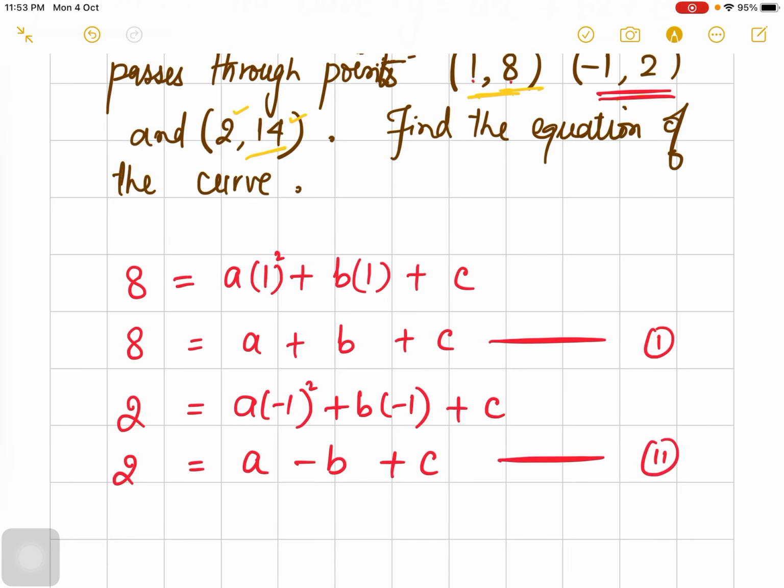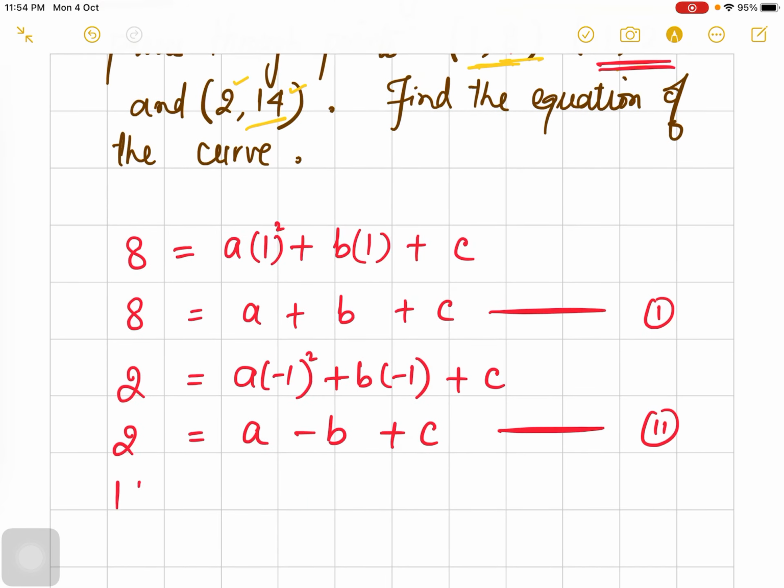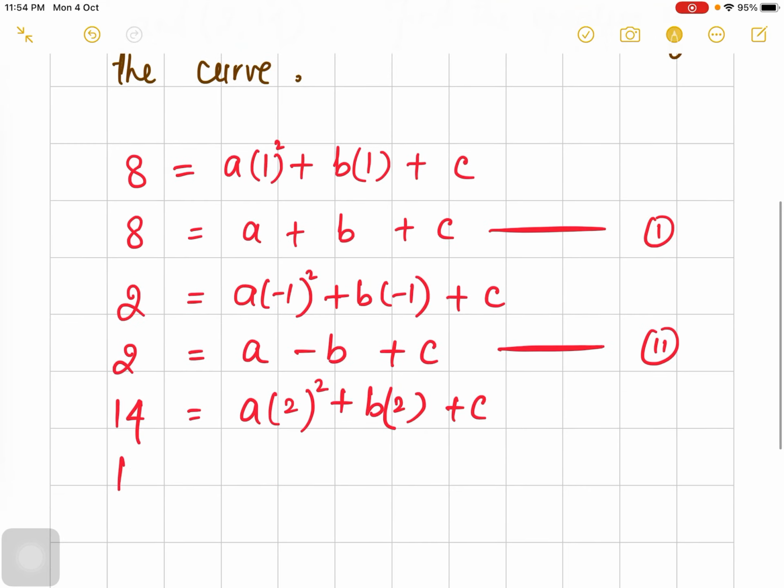This gives you the second equation. And it also passes through 2, 14. So I can write 14 equal to a into 2 square plus b into 2 plus c. And this will become 14 equal to 4a plus 2b plus c.